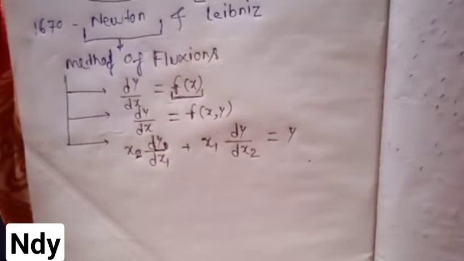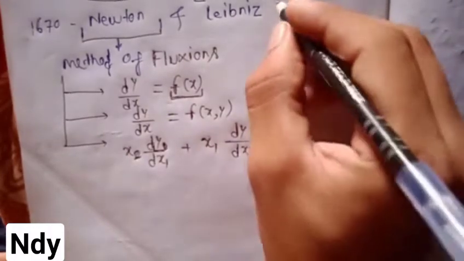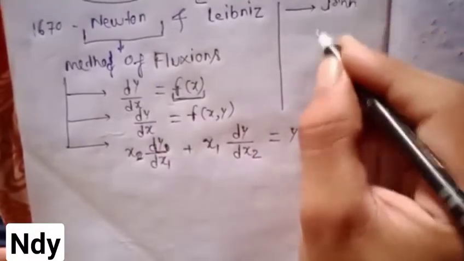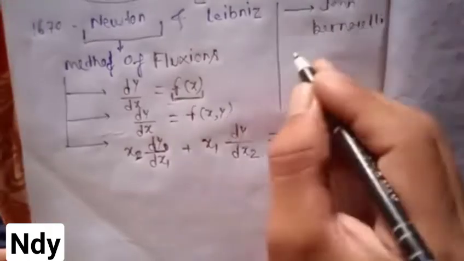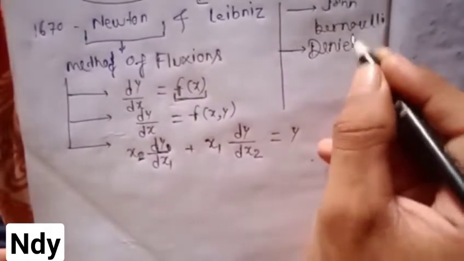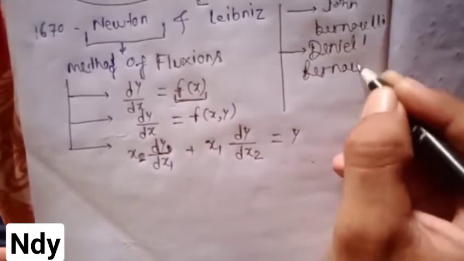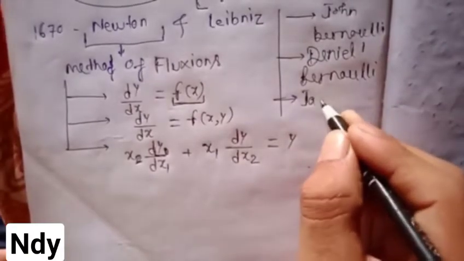it was supported by many people like Bernoulli, and there was a whole family of Bernoulli: John Bernoulli, his son Daniel Bernoulli, and Jacob Bernoulli.